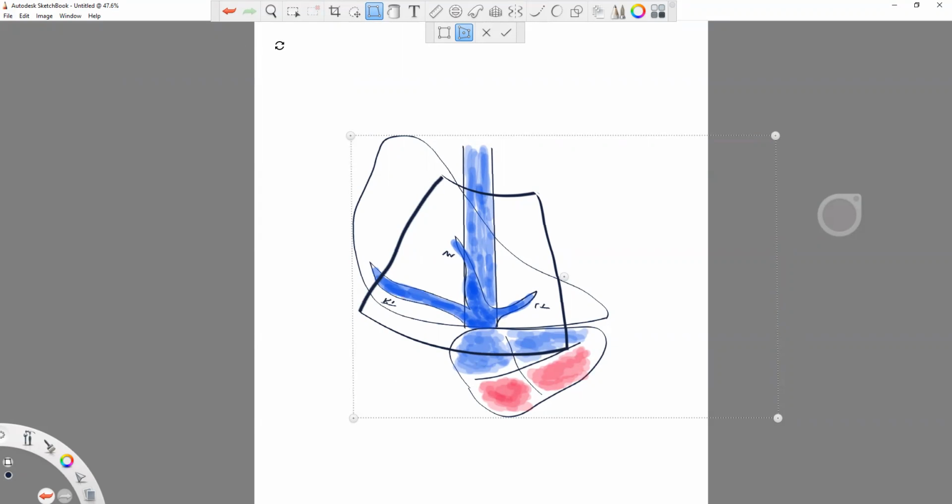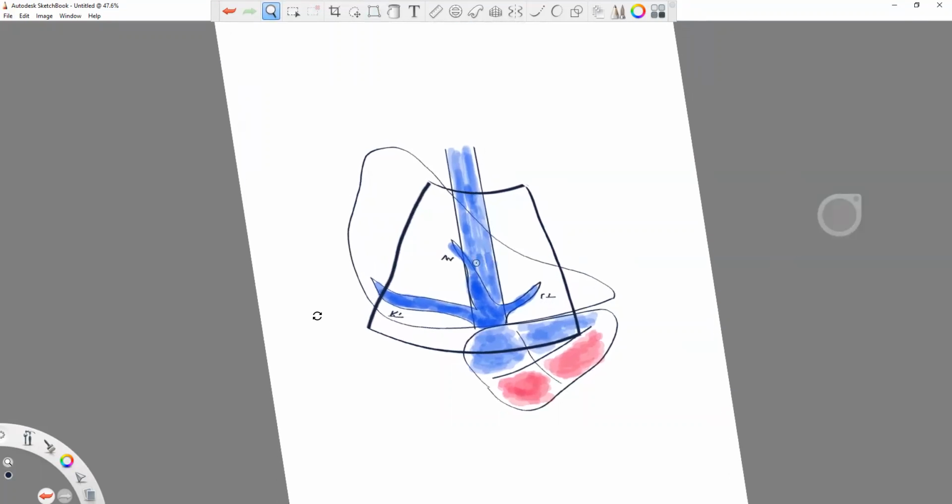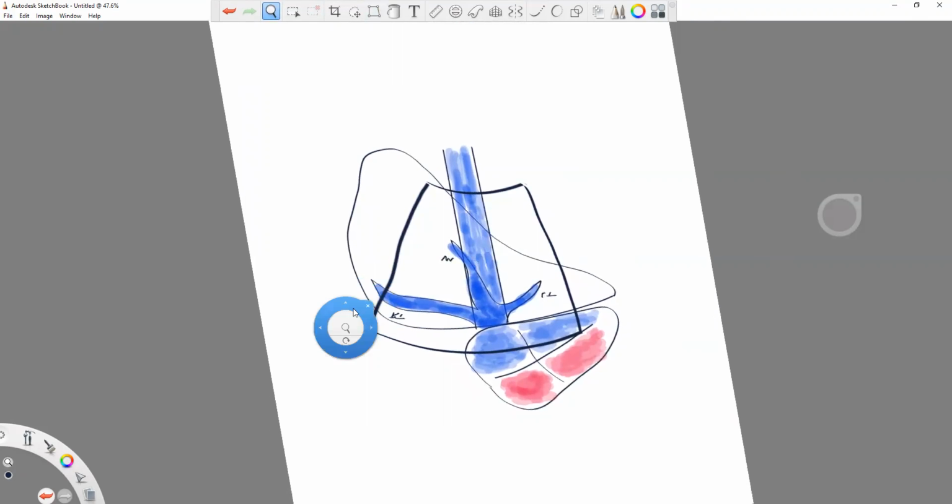Well, okay. Let me do a couple of things. Let's make this more like that. And I haven't done this before, so I'm not 100% sure how well this is going to work, but let's get rid of things that are outside of the screen.